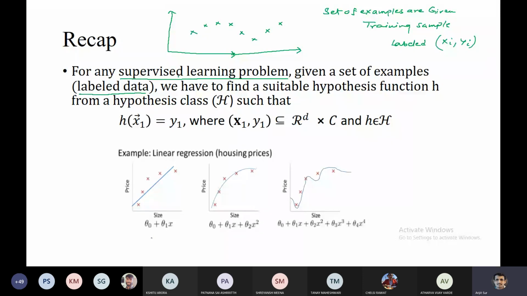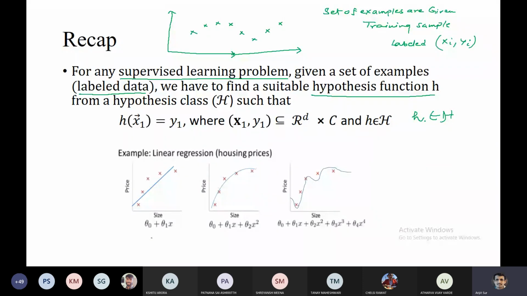Now we have to find a suitable hypothesis function h, and we say this h belongs to a hypothesis class. What do we mean by hypothesis class?